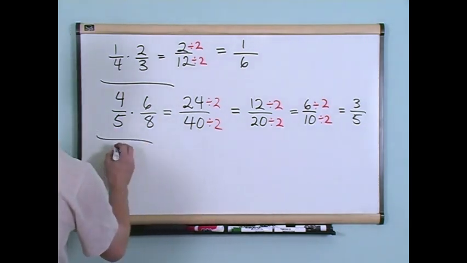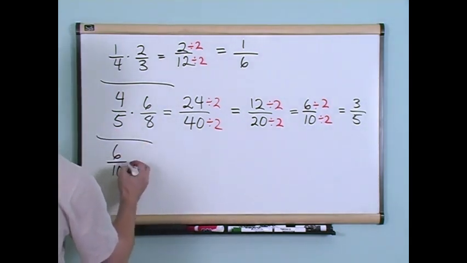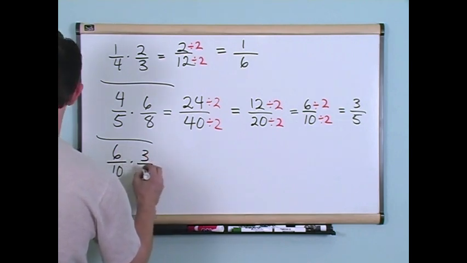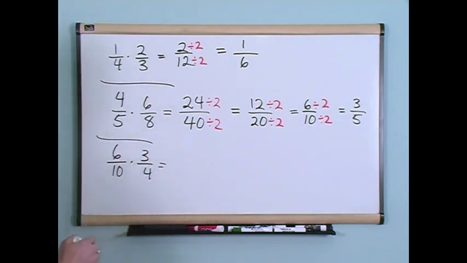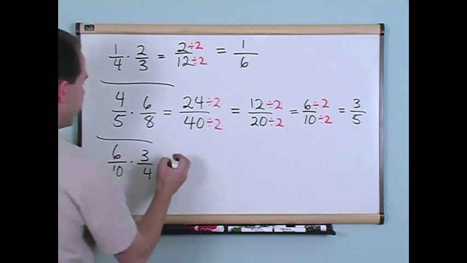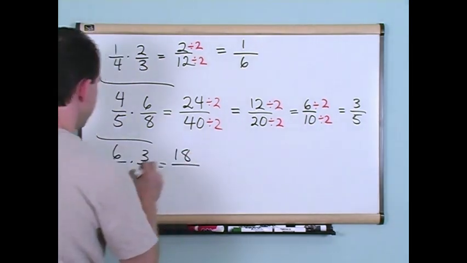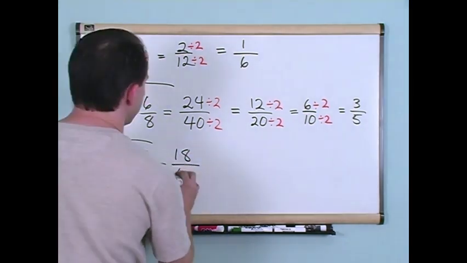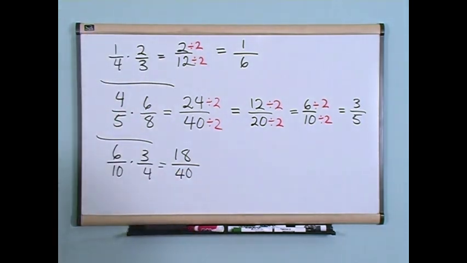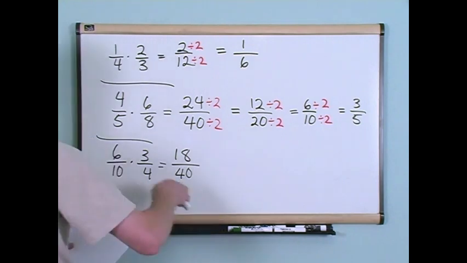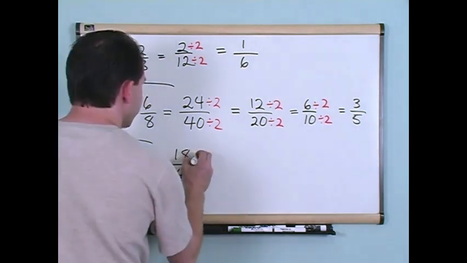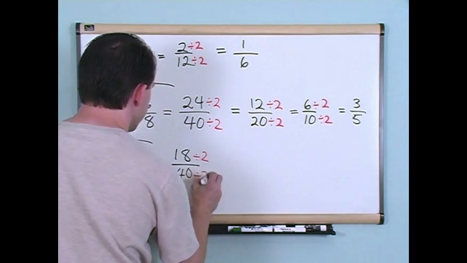And finally, if you had 6/10 times 3/4, same thing as always. The top number, 6 times 3, from your times tables is 18, and 10 times 4 is just going to be 40. 18 over 40, and then you ask yourself, well, can I simplify this? And you can divide the top by 2 and the bottom by 2.